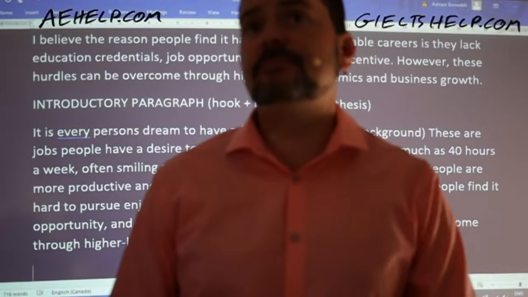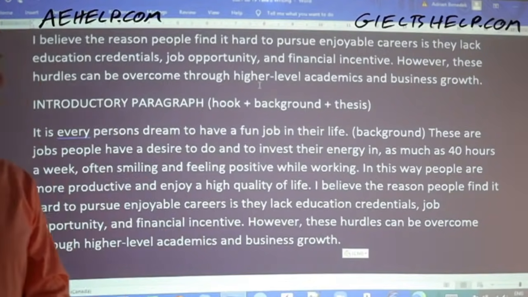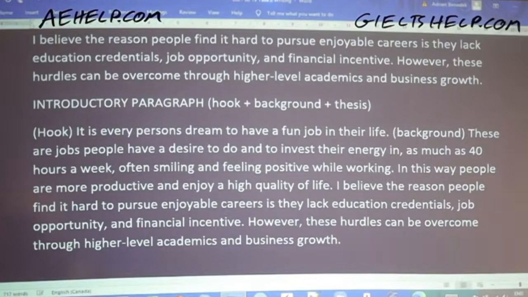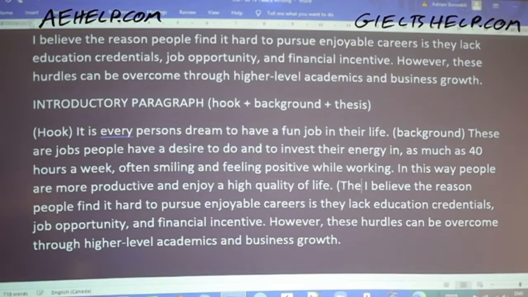A little bit of planning really does go a long way. So here you can see the hook, the background and the thesis all kind of come together based on the planning. Let me just read it and make sure that it's sensible.